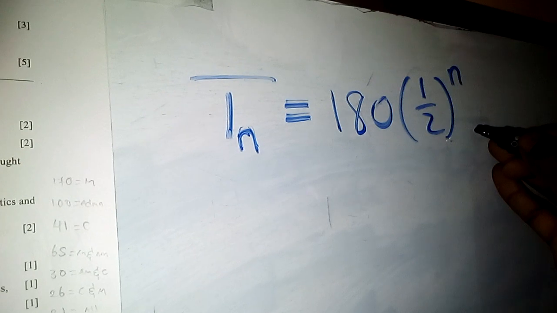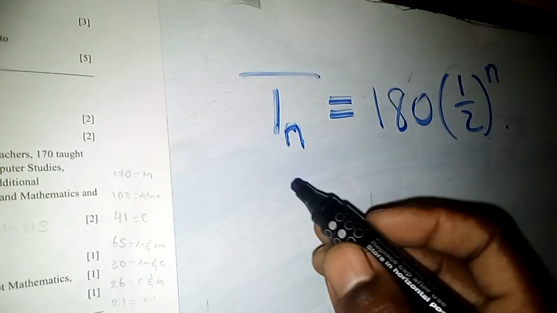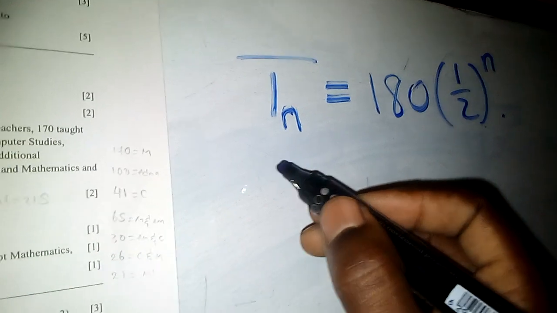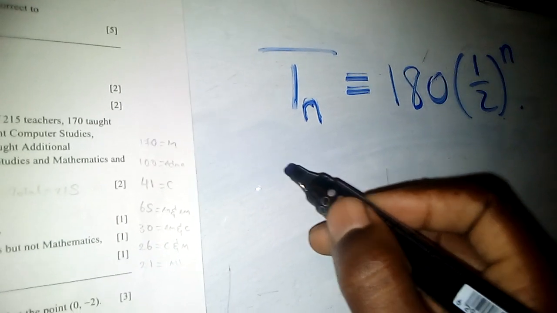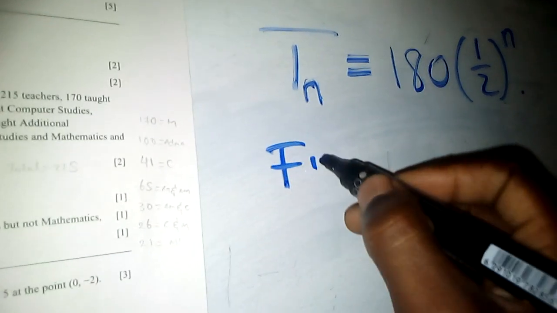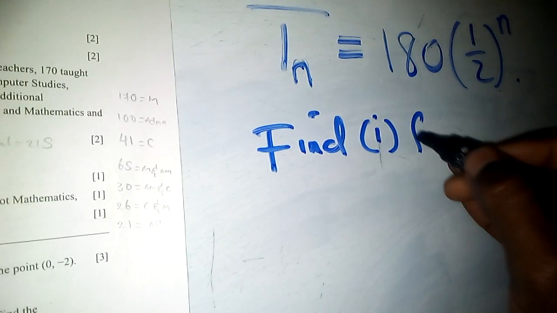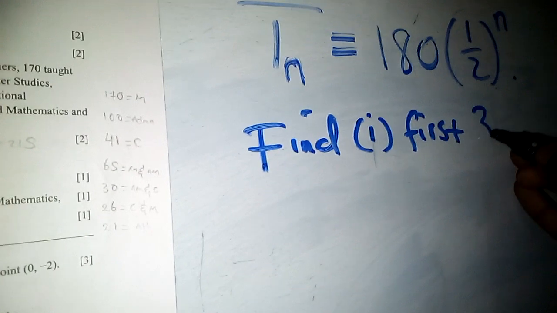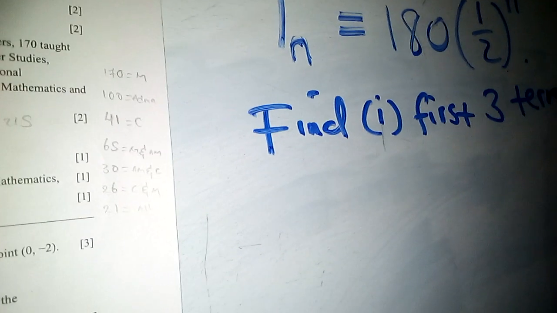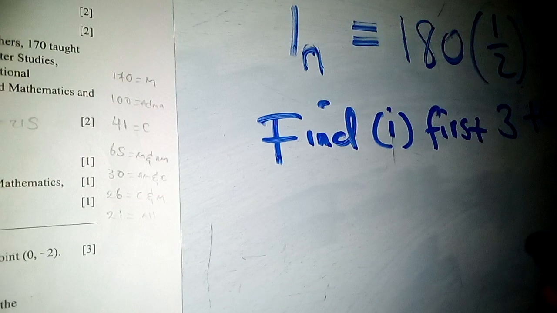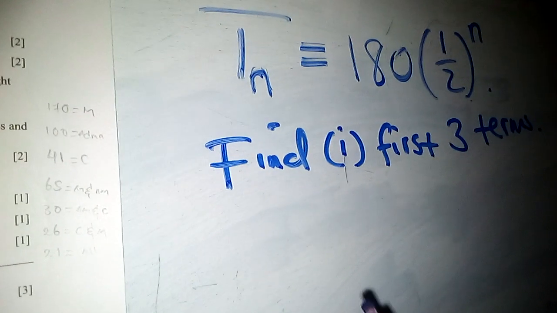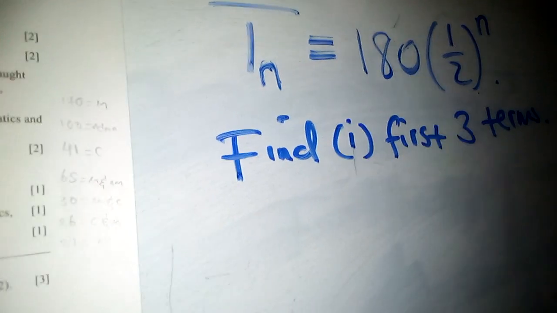So I am asked to find number 1, the first 3 terms. So what we're going to do is, as much as possible, use this particular formula given.